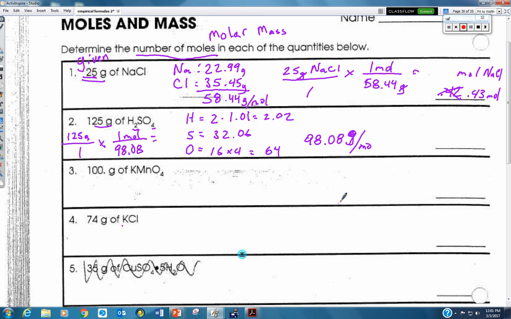We only have 3 sig figs because our given is in 3 sig figs, so we'll go 1.27 mole of sulfuric acid, H2SO4.